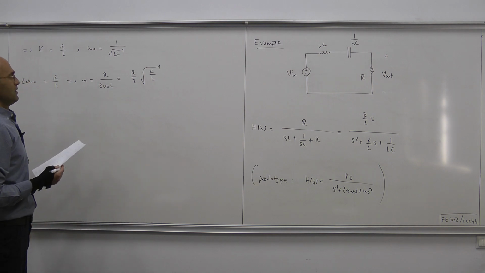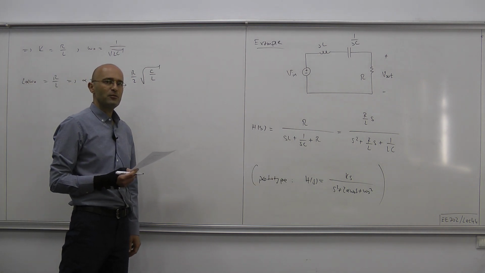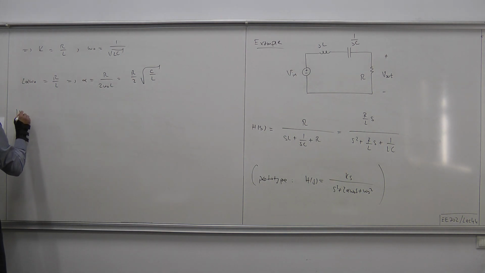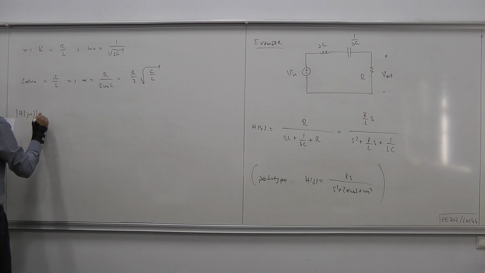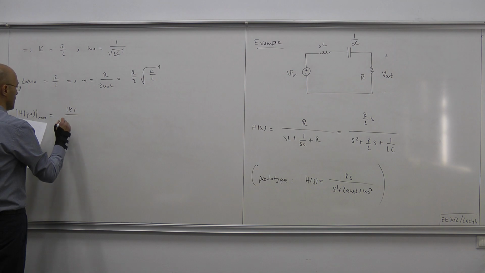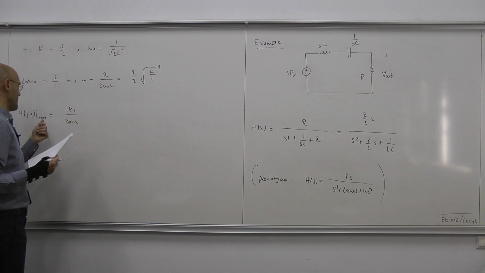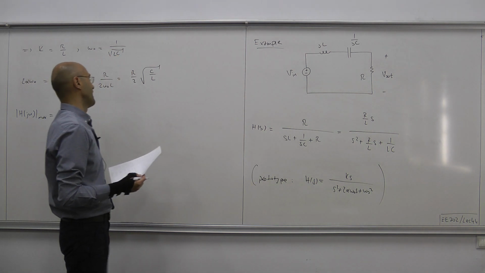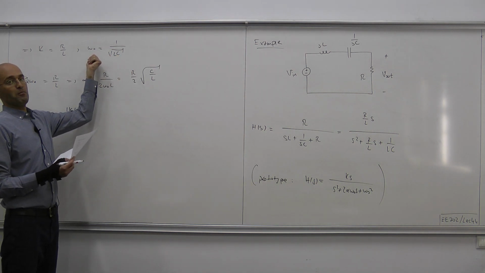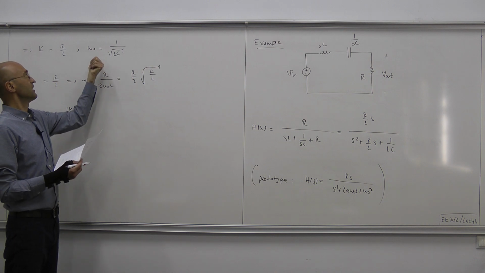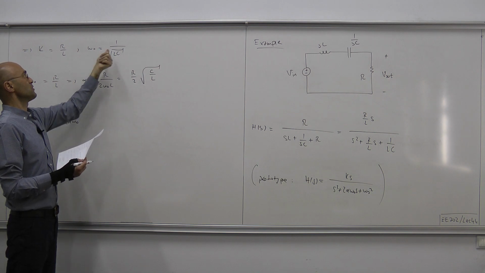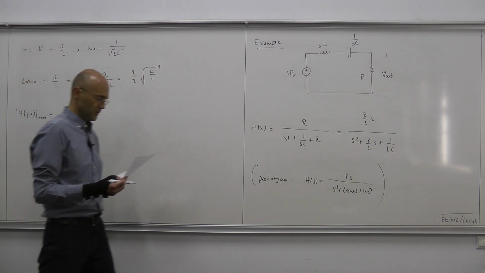What's the maximum gain that we can achieve with our filter? Let's compute that. H(j omega) max equals K over 2 alpha omega 0, and maximum is achieved at omega equals omega 0. So the maximum gain that we can obtain from our filter occurs at frequency equals 1 over square root of LC.